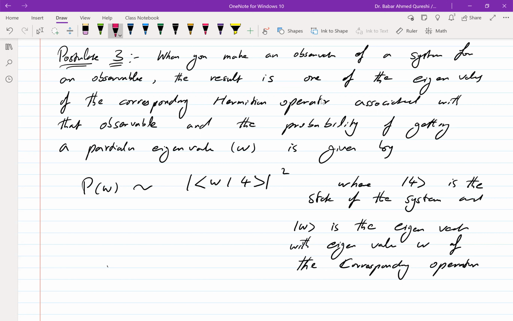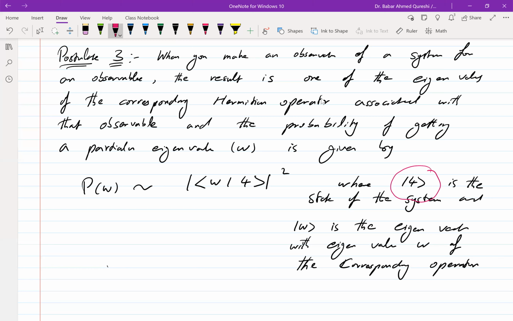So you have a system, and the system, as our first postulate says, will be described by a vector in the Hilbert space. At any given time, its state will be given by some vector in the Hilbert space.